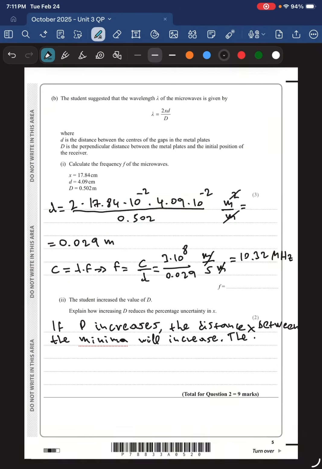The absolute uncertainty in x remains the same, right? Because the absolute uncertainty for one measurement is related to half the smallest deviation of the instrument you're using, okay? So you're going to be using the same instrument in both cases. Therefore, the absolute uncertainty remains the same.